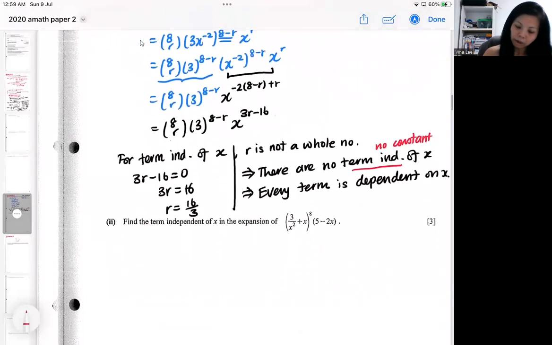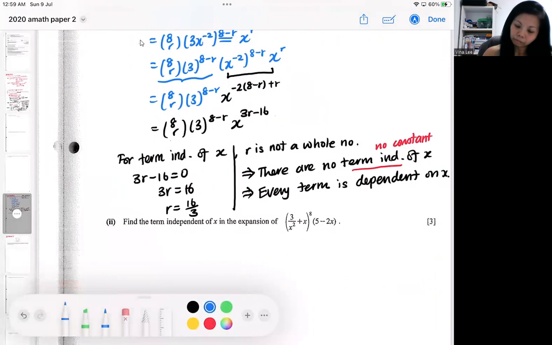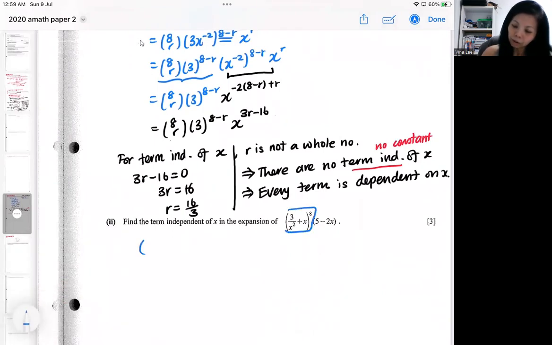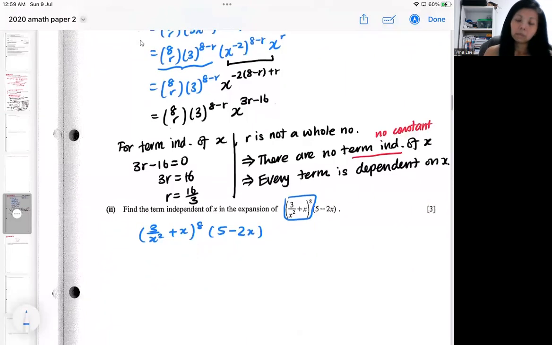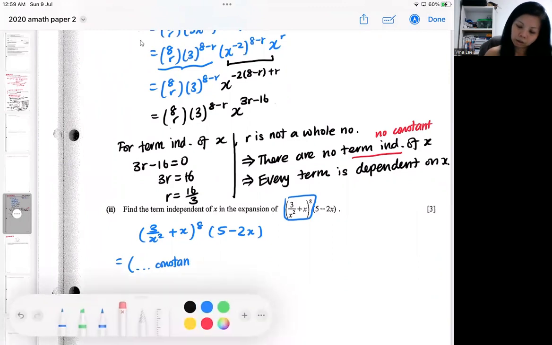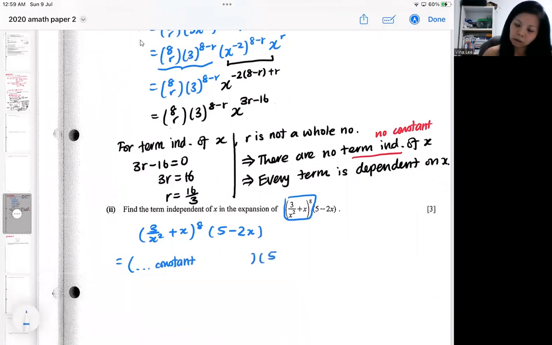Then in the next part, I'm going to apply my arrow method to get a constant in the expansion. So you would like to do the arrow method and get a constant. So you've got to do some planning first. If I can get a constant here, the constant can be multiplied to 5.